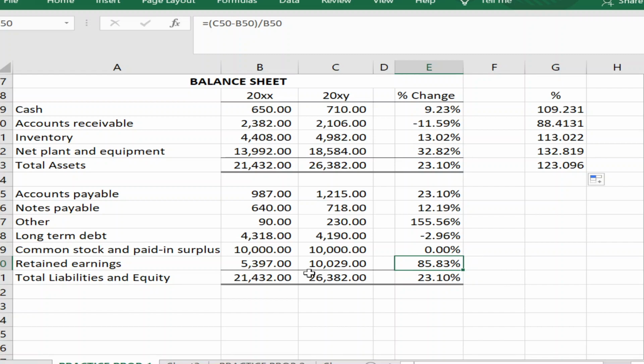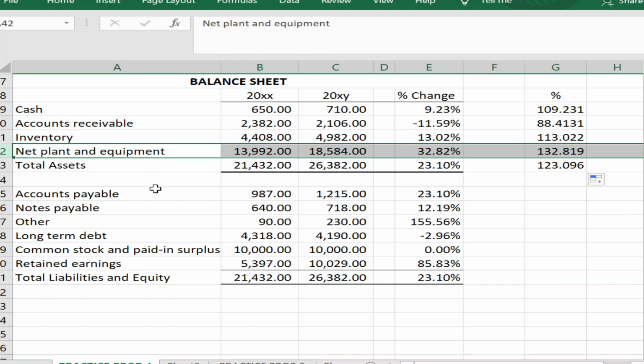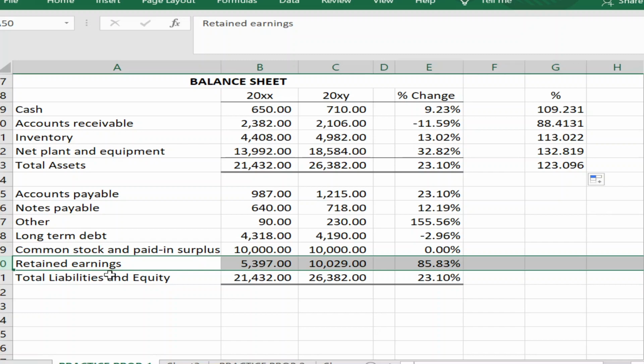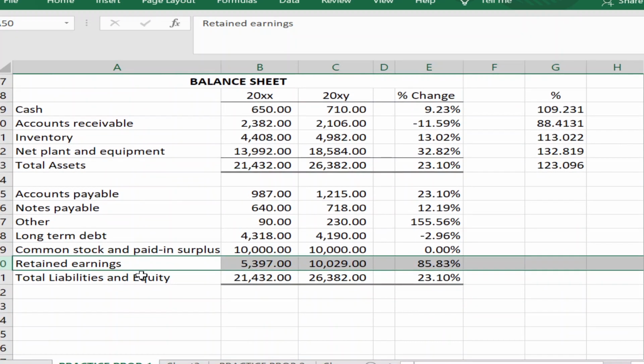So we can say here that their investments, perhaps in inventory and net plant and equipment, were worth it, because you can see their retained earnings increased. What does it mean if the retained earnings increased? It means that their net income also increased, because all net income goes to our retained earnings. By looking at the figures here, we can say their performance was great, because they were able to increase their retained earnings.